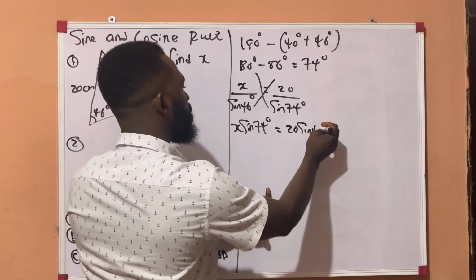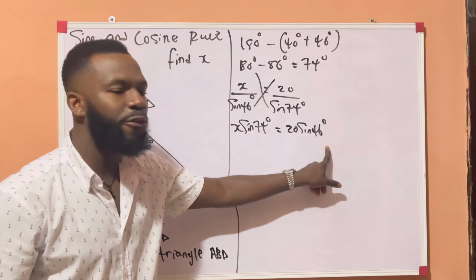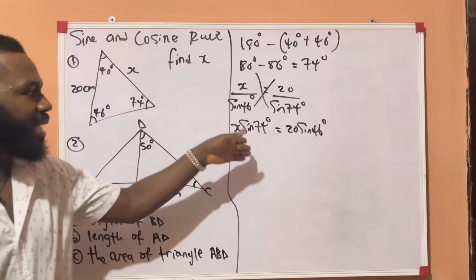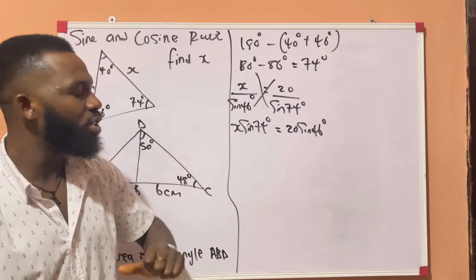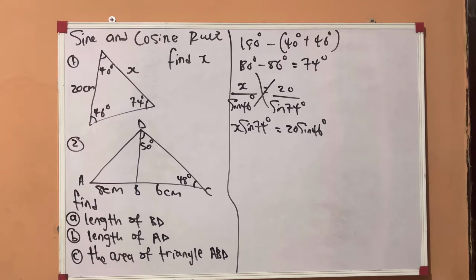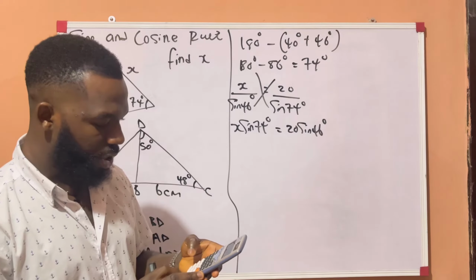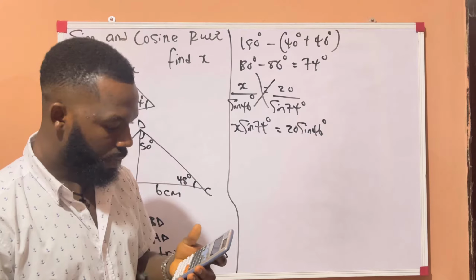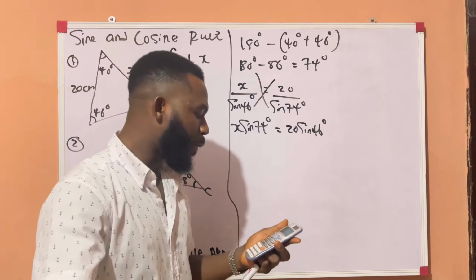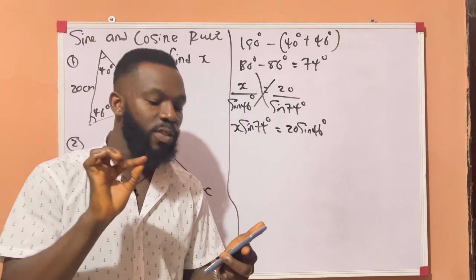Now, 74 degrees and 46 degrees are not special angles, so we are going to use our scientific calculator to get the values. Sine 74 degrees gives us 0.96126, and if we approximate to 4 decimal places, we get 0.9613.